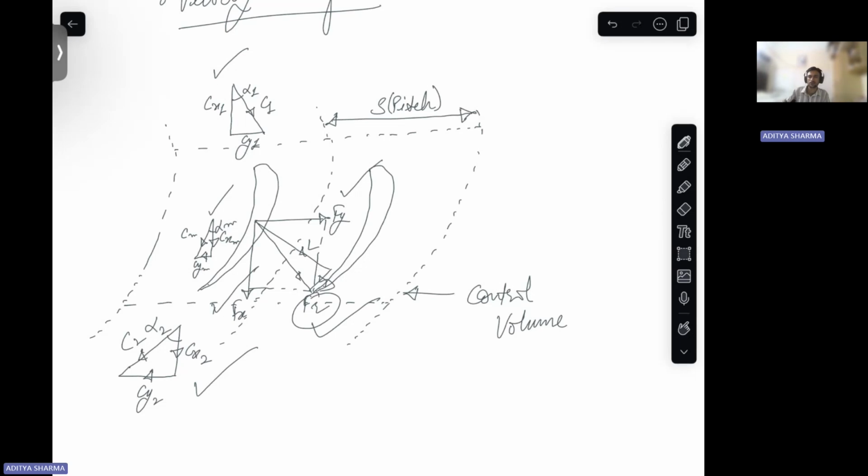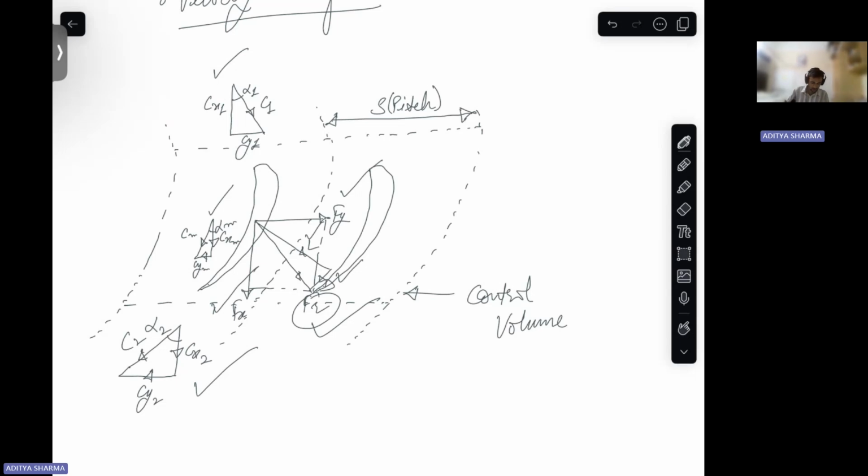But this FR force also is the combination of lift and drag forces. Lift will be perpendicular to the direction of the flow, and drag will be in the direction of the flow. These are the directions of lift and drag, shown here and here.